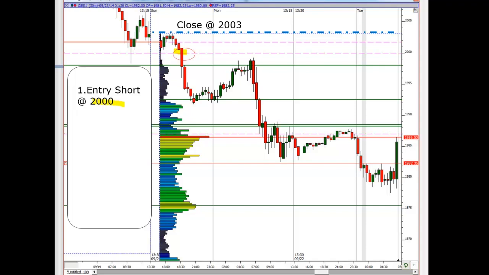Now, it is easy enough to identify our stop right at the close, so not terrible exposure here at the 2003 level, and our target is the 1982.75, all based on the auction. This is where we knew the buyers would be, and I would anticipate that we would go back to look for these buyers.